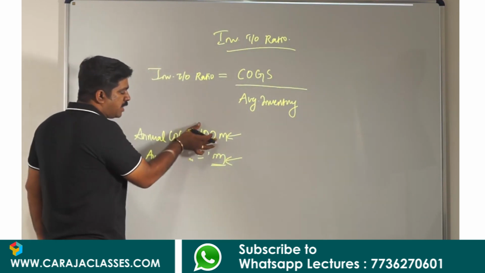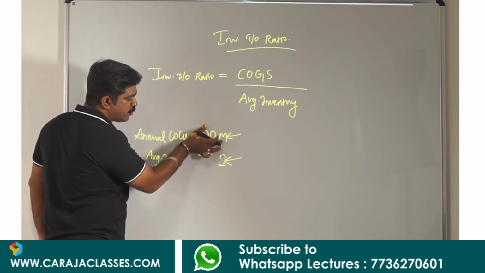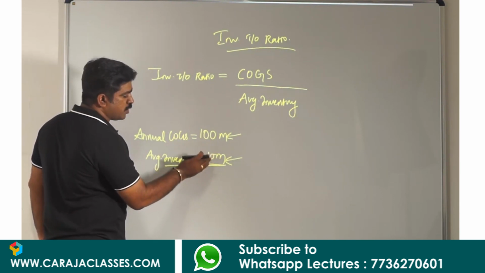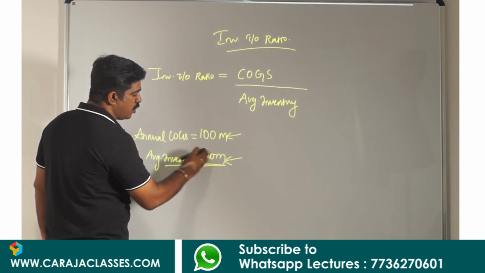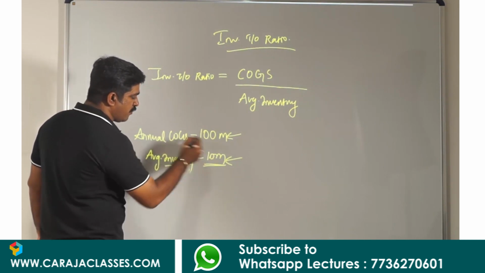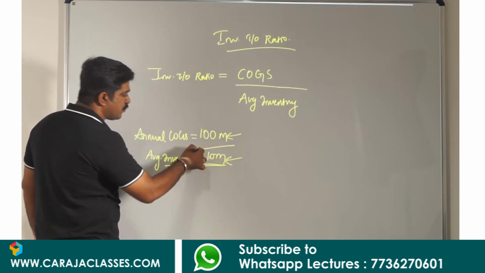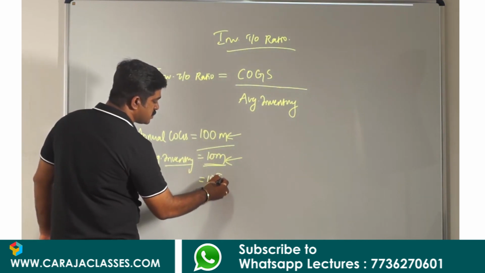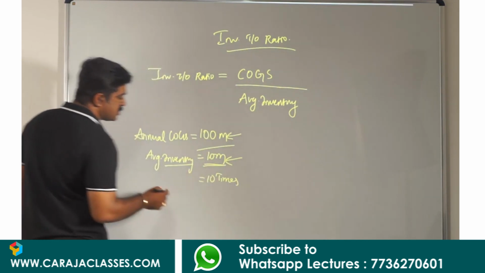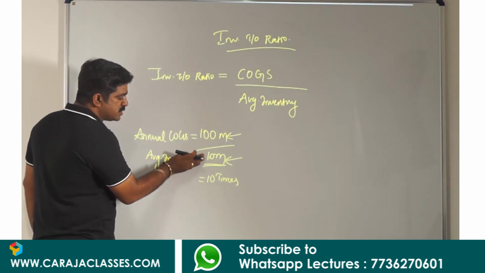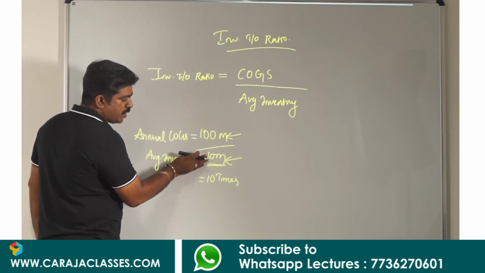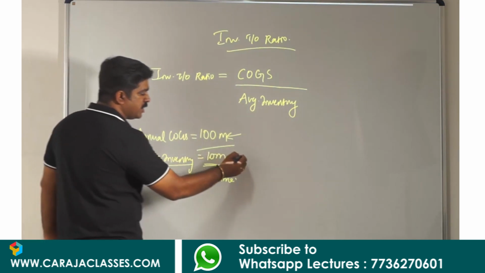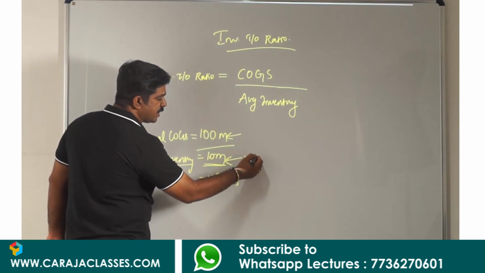So this 100 million represents one full year's position, and this 10 million represents those stocks which were not yet cleared or not yet sold. If I create a relationship between these two, that is 100 by 10, I get 10 times. It means this firm is keeping an inventory of 10 million, and that 10 million inventory is rotated 10 times.